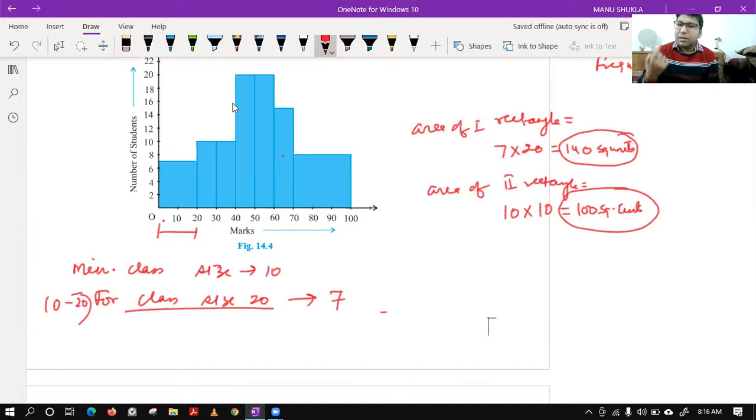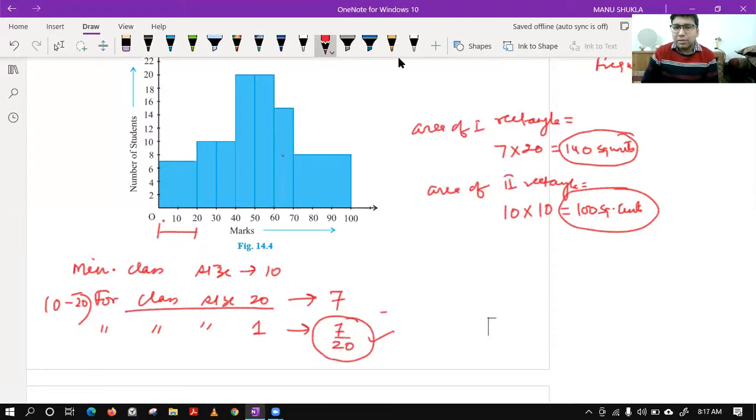So let us find it for class size 1 as per the unitary method. For class size 1, it becomes 7 by 20. Now we have obtained it for 1. But the minimum class size we have seen is 10. So why not bring all of them to 10 only? It is like that in the unitary method. So class, tell me, if it is for one class width, what will be the answer for 10 class width?